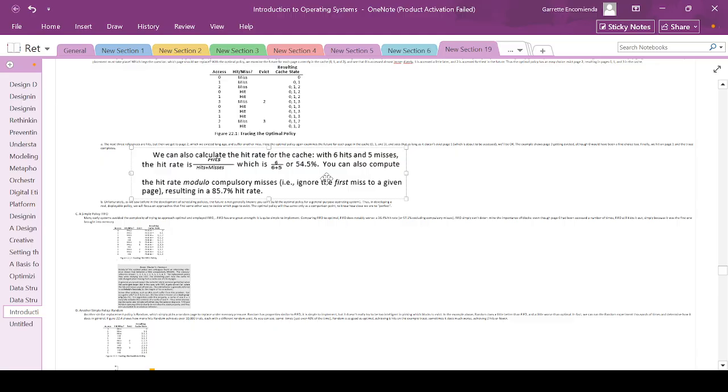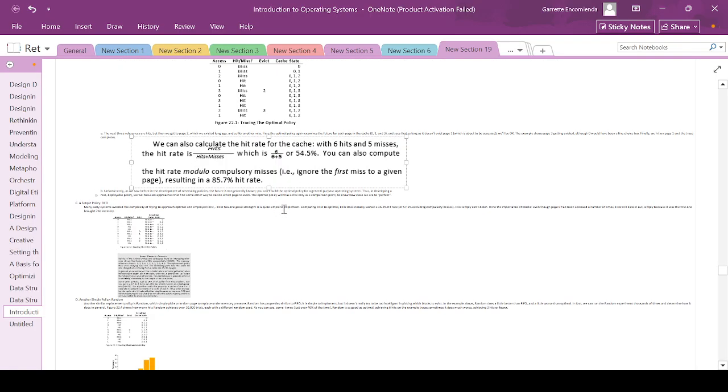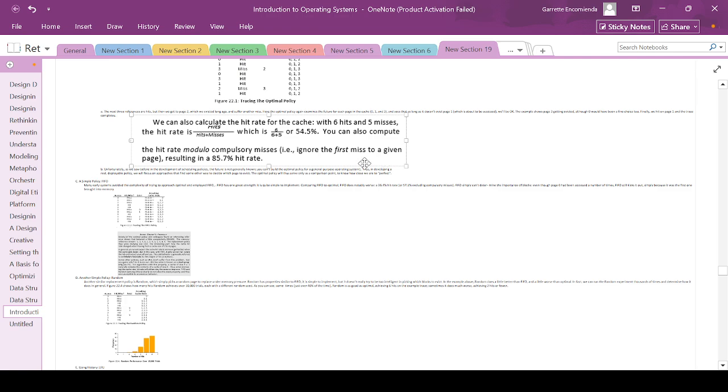We will try to create an algorithm that approaches close to this, because again we need to work with the hardware and different edge cases. You can also compute the hit rate modulo compulsory misses. Ignore the first miss to a given page, resulting in an 85.7% hit rate.